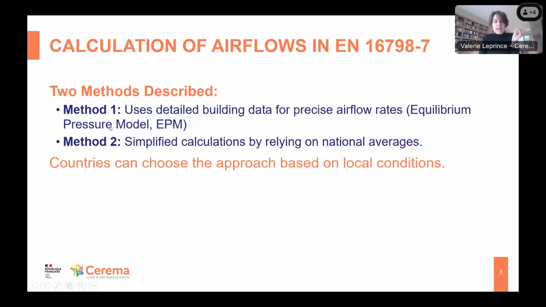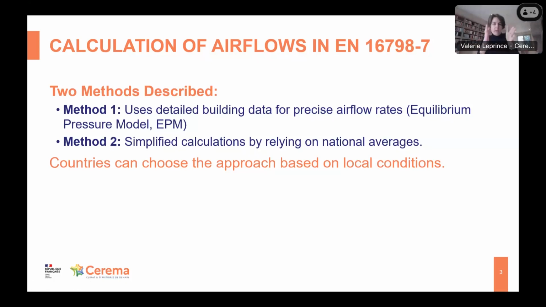The standard doesn't give much detail on method 2. It just says, if you really don't want to use the equilibrium pressure model, then you can use this simplified method, but it's for your country to decide what those national average flow rates are.